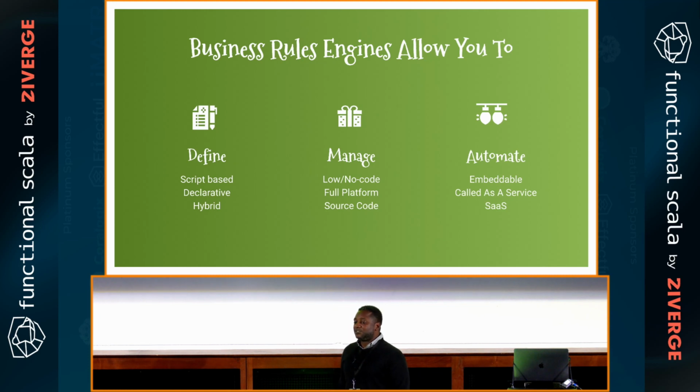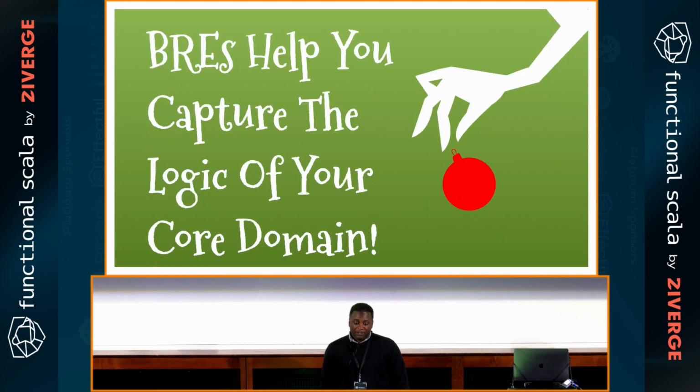You may have seen things that are low code or no code, full platforms that require you to integrate fully, source code. They can be embedded. Sometimes you have to do platform as a service or code as a service. They come in many forms. And business rules engines help you capture the logic of your core domain.